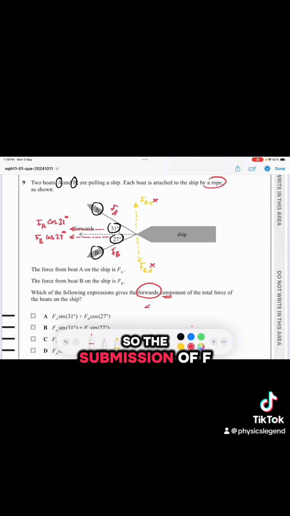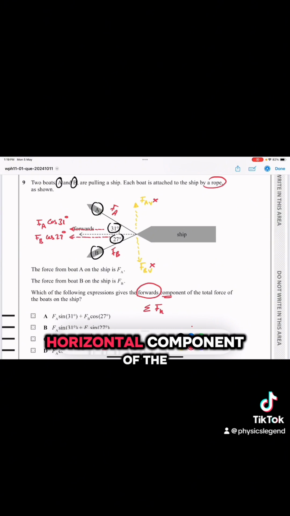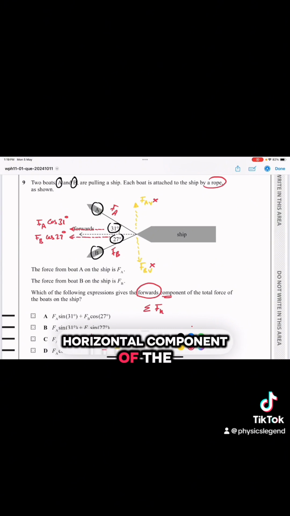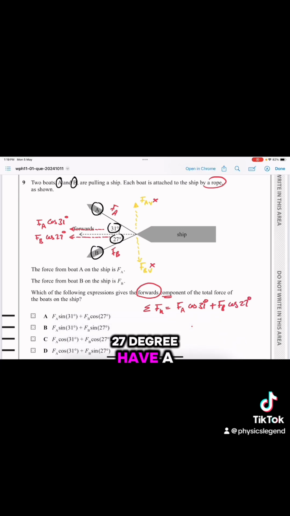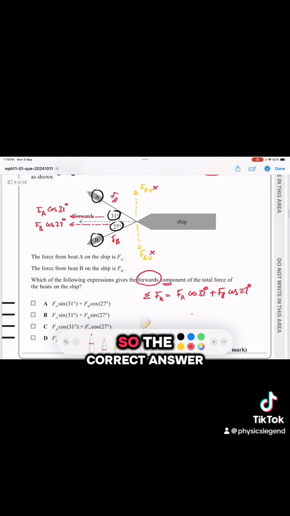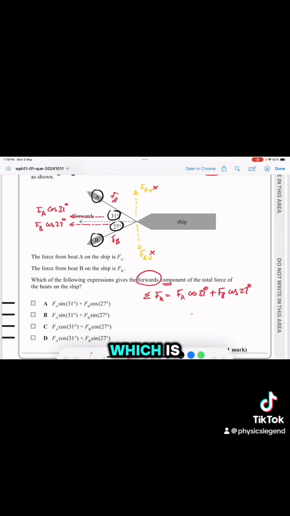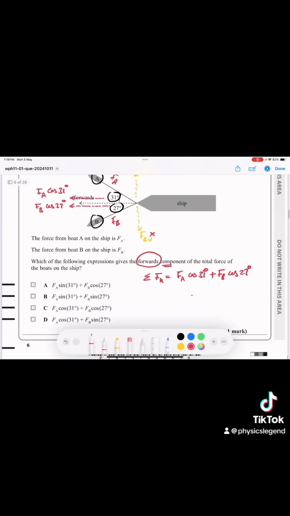So the summation of the horizontal component of the total force from these two boats is FA cosine 31 plus FB cosine 27 degrees. Have a look at the choices. So the correct answer is C, I guess.